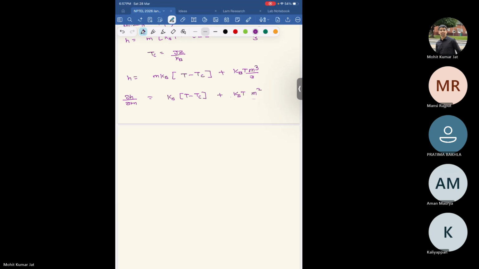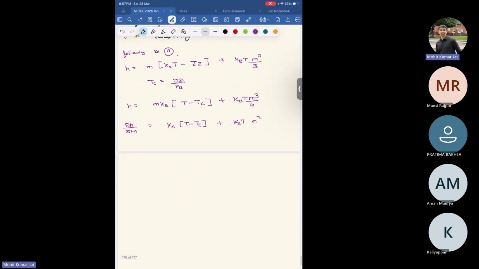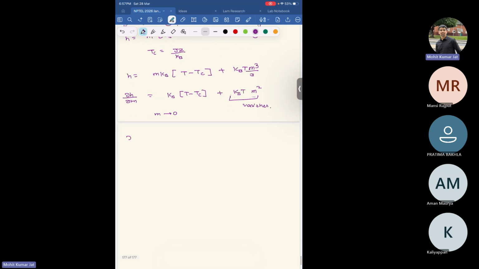And as the temperature approaches Tc, M will go to 0, so this term vanishes. In that case, del H by del M is KB (T minus Tc), which is the inverse of susceptibility. So susceptibility goes as KB (T minus Tc) to the power minus 1. That's how it goes.